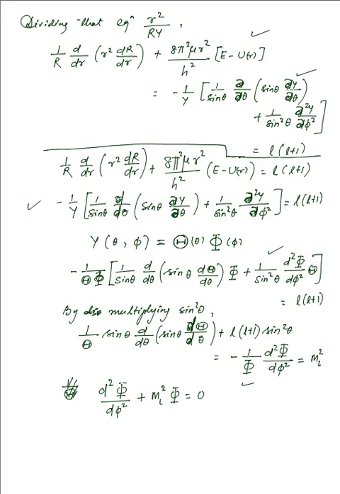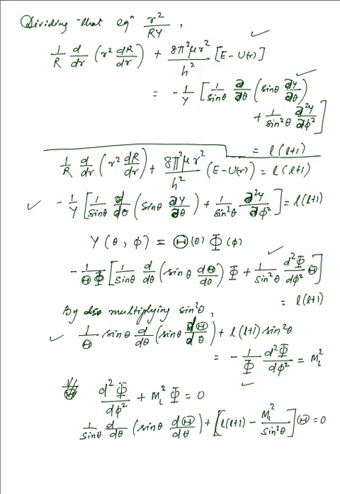The other equations will be, in case of this being equated to ml square, what we get is 1 over sine theta d over d theta sine theta d capital theta over d theta plus L times of L plus 1, we'll keep it in square brackets, minus ml squared over sine squared theta multiplied to the bigger theta is equal to 0.